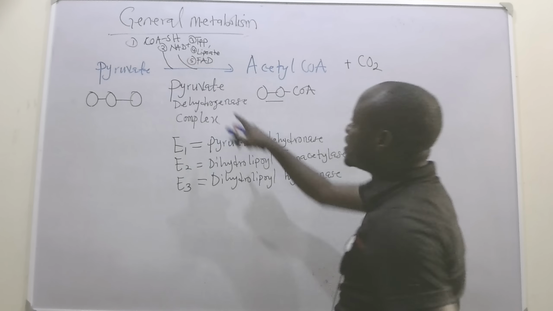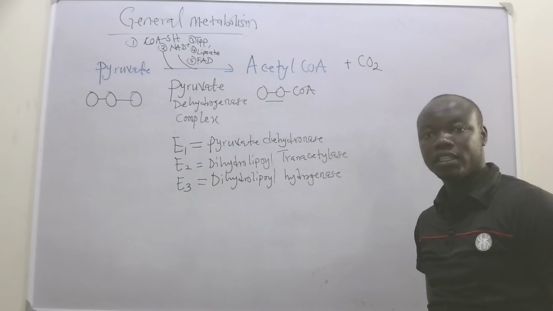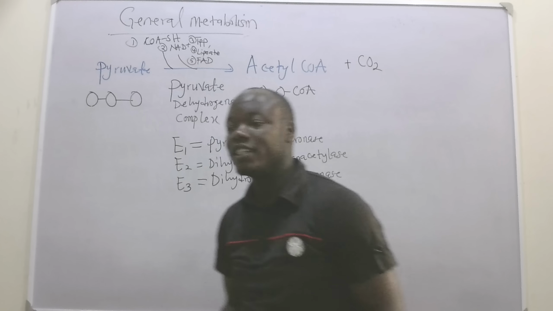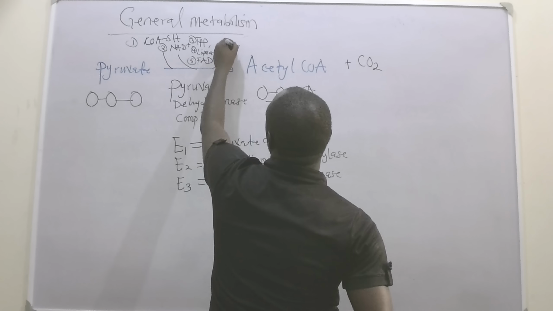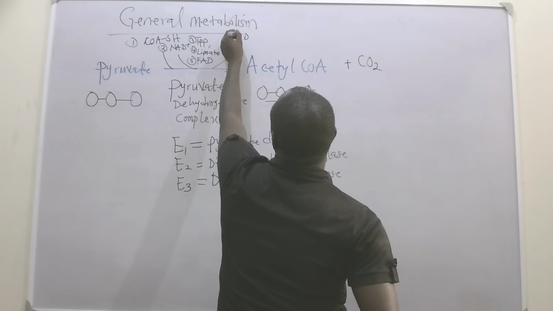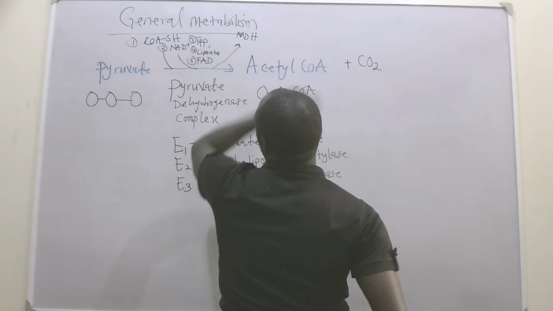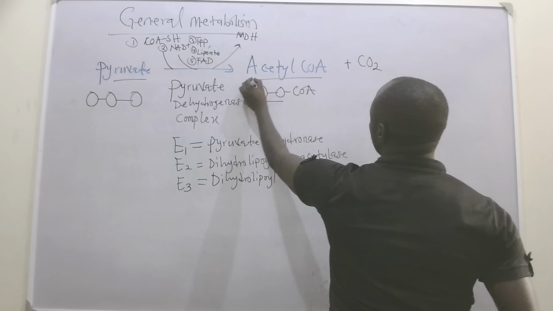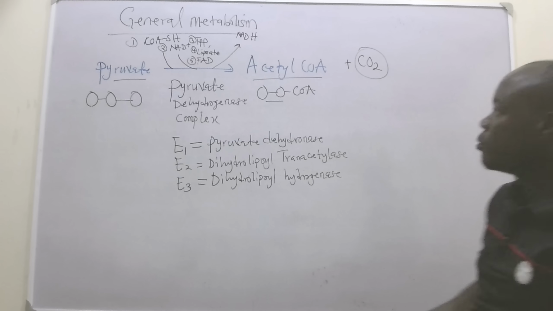So it means that for these enzymes to work, 5 coenzymes are required for the pyruvate to be converted into acetyl-CoA. And at the end, another molecule of NADH is generated.